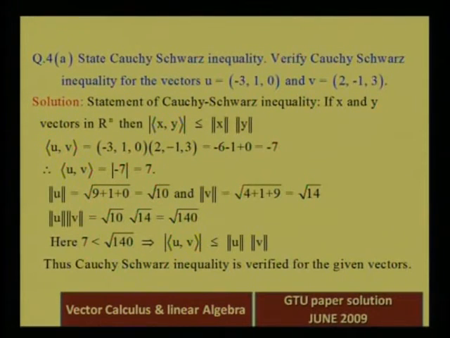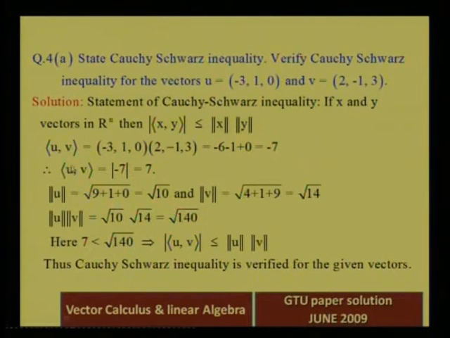Now the statement of Cauchy-Schwarz inequality: if x and y are vectors in Rn, then the modulus of the inner product of x and y is always less than or equal to norm x into norm y. So first of all we want to find the inner product of u and v, which is simply the dot product using the Euclidean inner product.